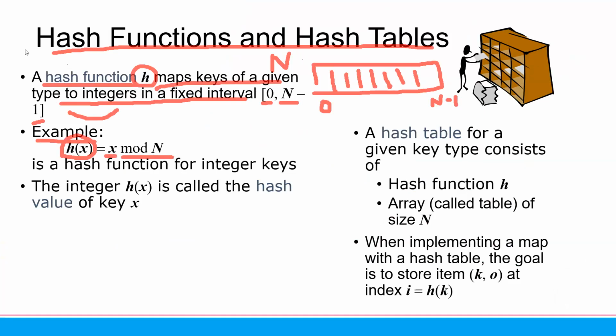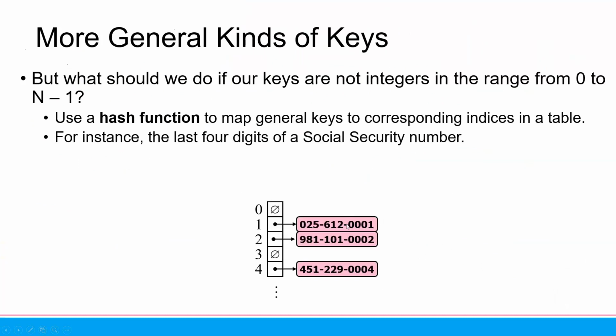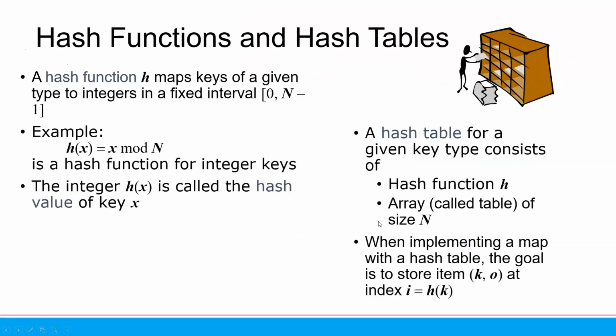Let's say the data is 0001, and I want a fixed interval from 0 to n-1. Then any value x will be placed in the position of h(x) equals x mod n. This is the hash function for an integer.